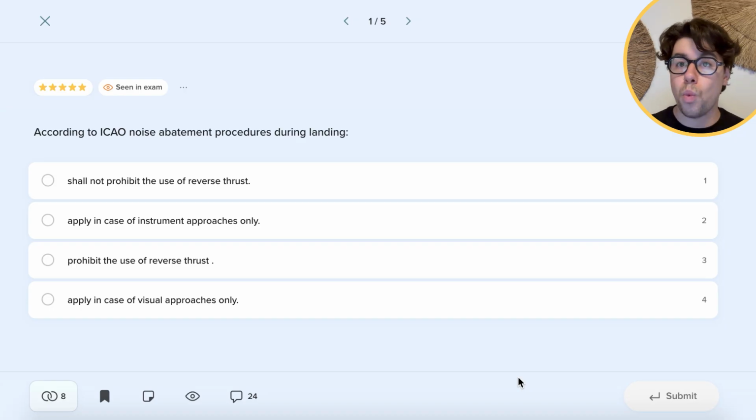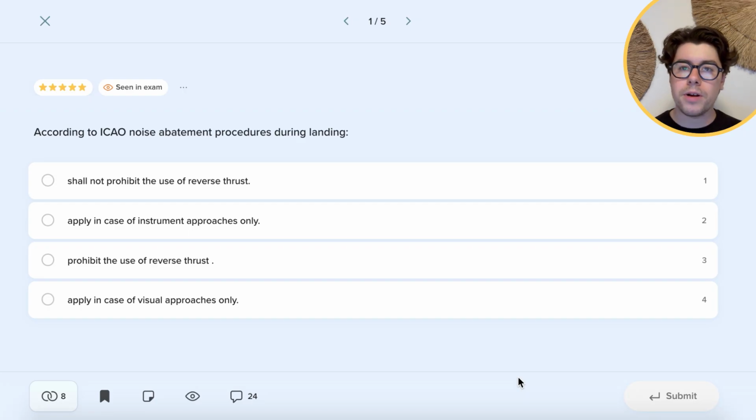Noise abatement procedure 1 reduces the thrust at 1,000 feet above aerodrome level and accelerates at 3,000 feet above the aerodrome level. Noise abatement procedure 2, the way I remember it, does two things at once, meaning you reduce the thrust and start acceleration both at 1,000 feet. This will be the easier to follow and the more standard one, and it will make sure that further away from the airport the noise is reduced.